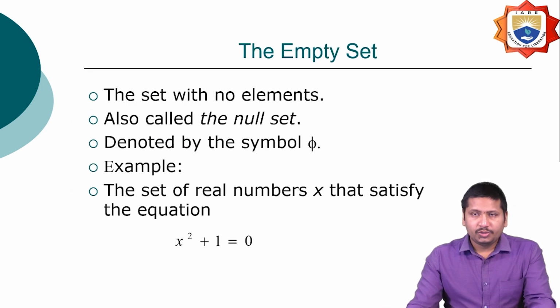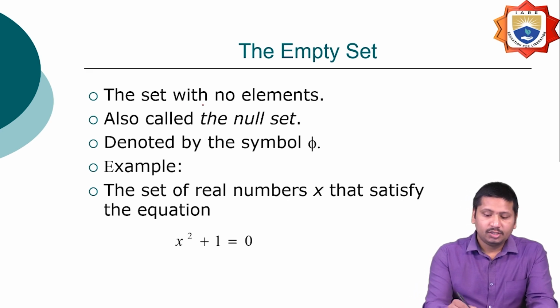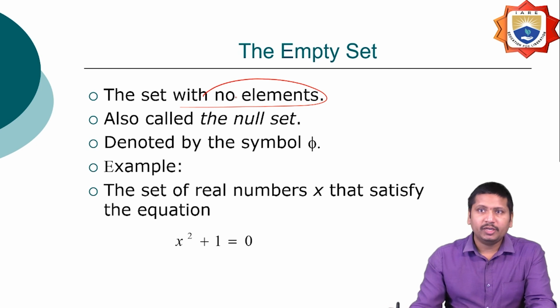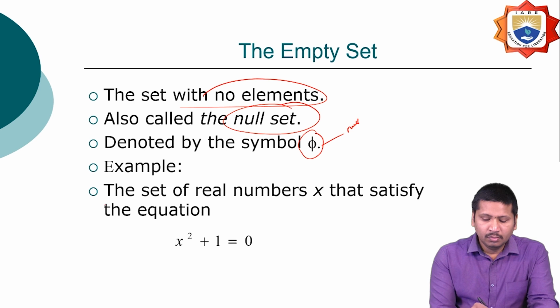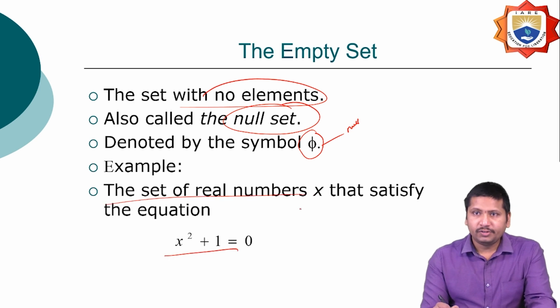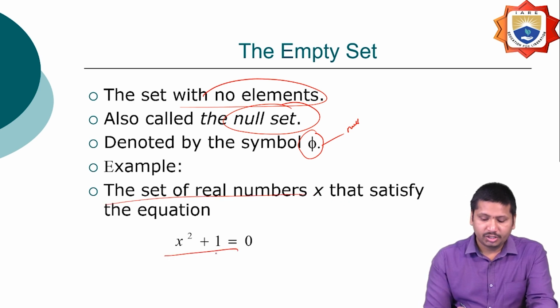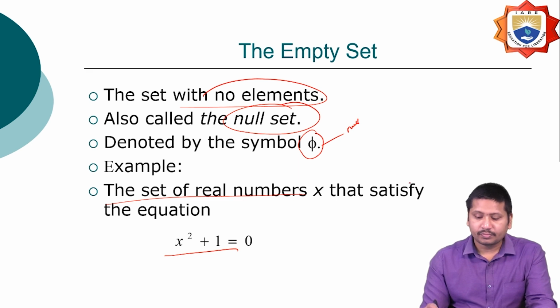Next we are going to see the empty set. A set with no elements is considered an empty set, also called a null set. It is denoted by the null symbol. The set of real numbers that satisfy the equation can also be considered as a set.